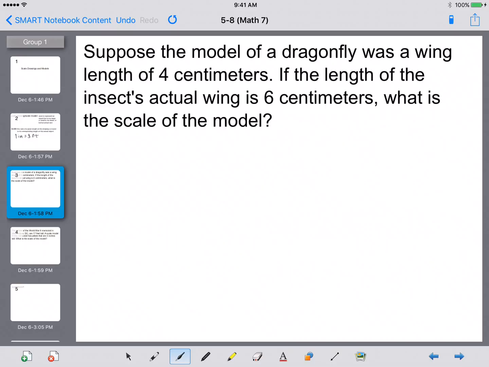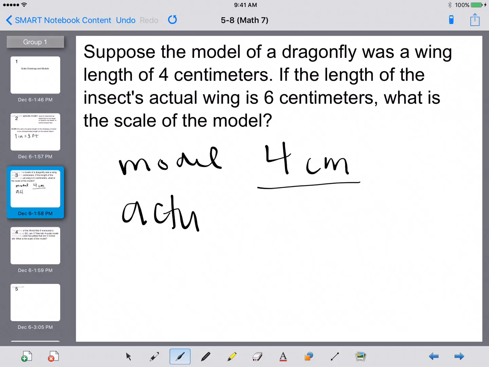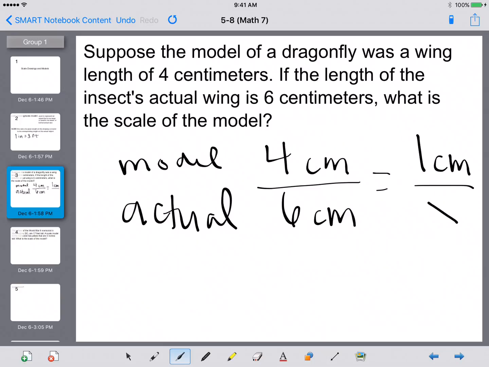So that's telling us that our model length is 4 centimeters and our actual is 6 centimeters. To figure out that scale, we want to know what 1 centimeter on the model equals on the actual dragonfly.